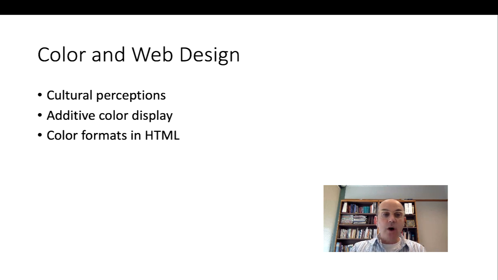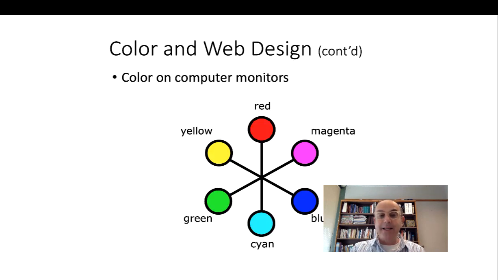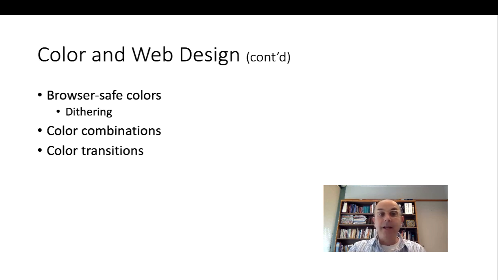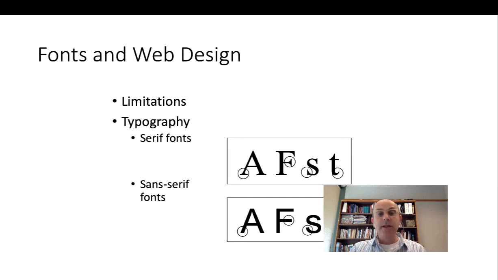So the issue of active color display, the ability of color formats in HTML. This is the HTML basic format. This is what all computers see: the red, yellow, green, blue, and magenta. And this is how we apply it. We have safe colors, we have color combinations, we have color transmissions, and fonts are also a big issue.